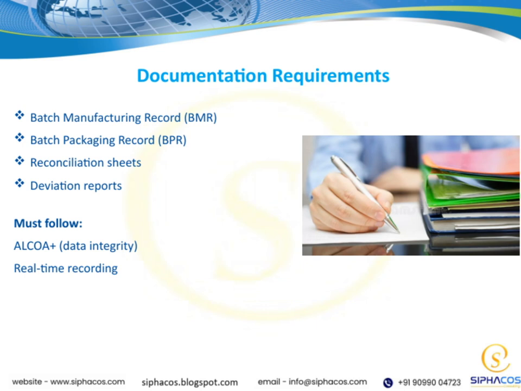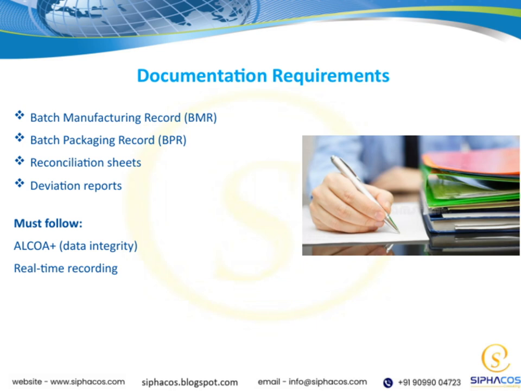Next, we have reconciliation sheets. These are essential for verifying that all materials and components are accurately accounted for throughout the process. And finally, deviation reports are crucial for documenting any unexpected events or deviations from the standard procedures, so we can analyze and address them effectively.